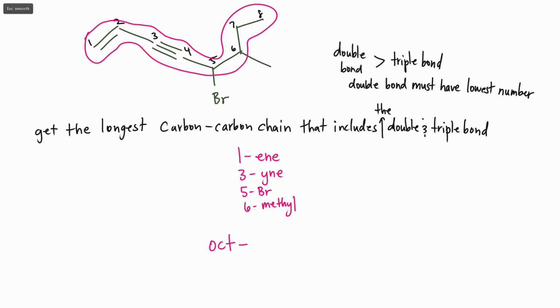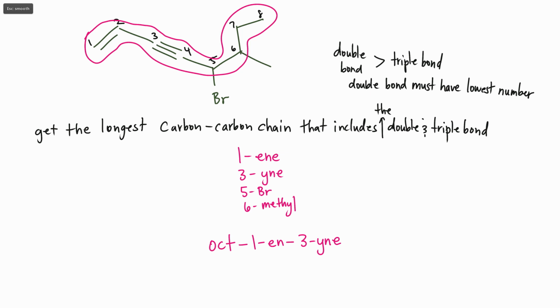So I have 1-ENE. Now, since something comes after that, just like in the enols, I have to drop the E because I have the yne that's going to come after that. So that's going to be 3-YNE. Okay?